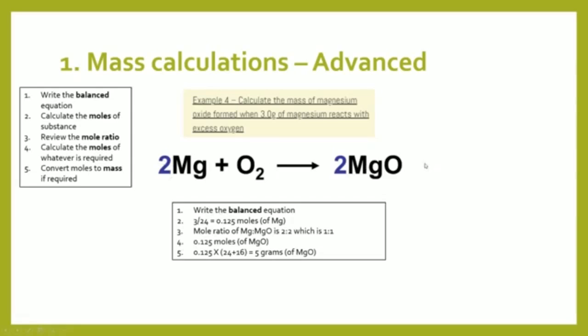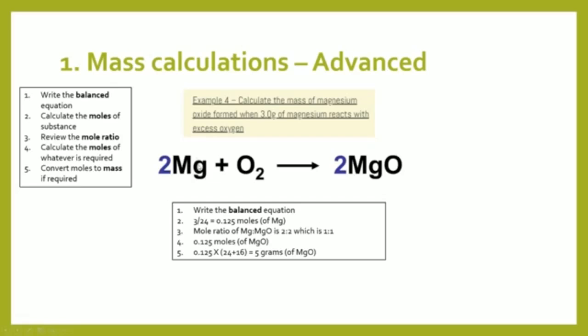You've got the balanced equation, and if you want to calculate the moles of magnesium, all we need to do is put it into the formula, and the equation becomes 3 grams divided by the relative formula mass of magnesium, which is 24. So you get 0.125 moles of magnesium that was used in the reaction.